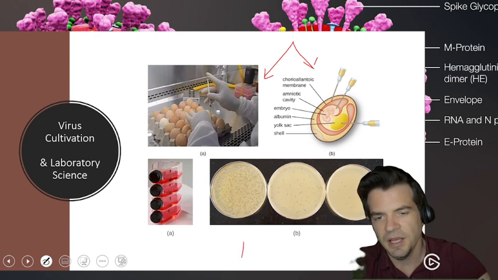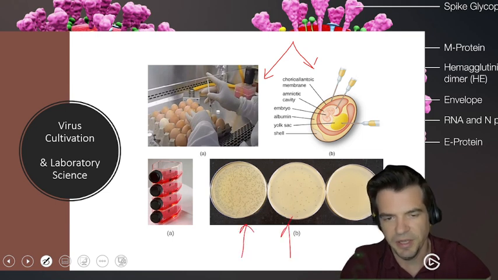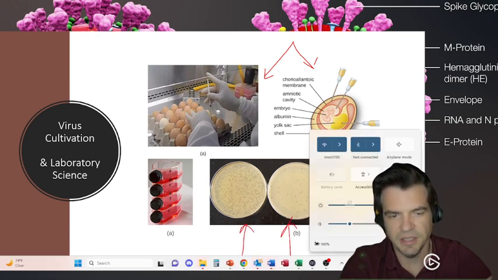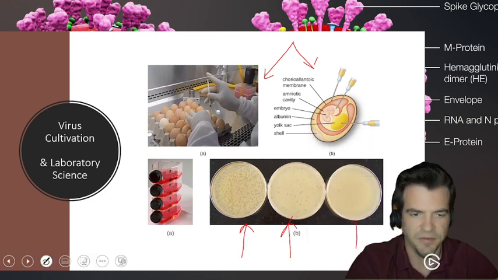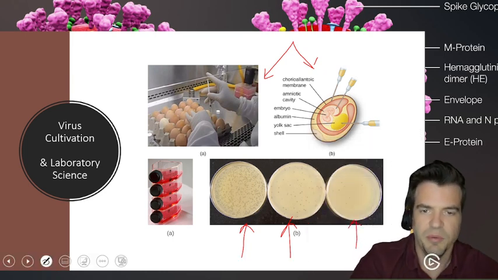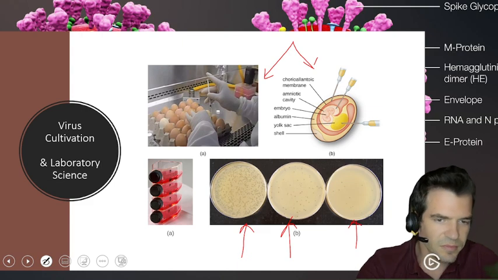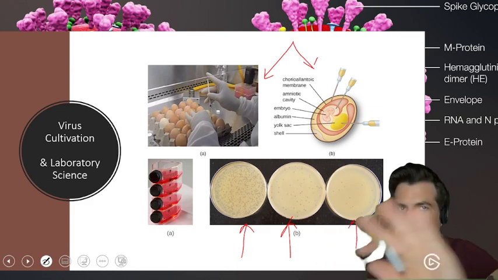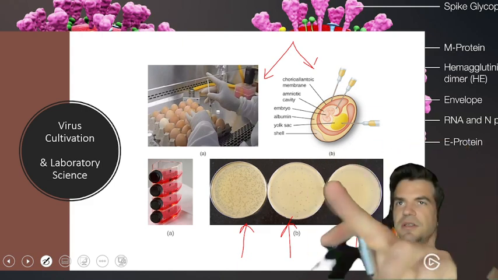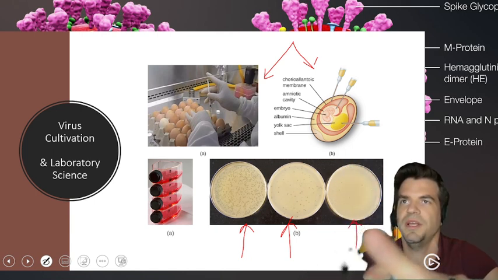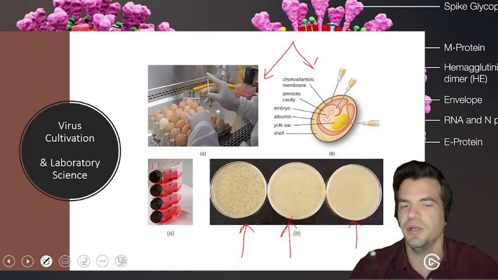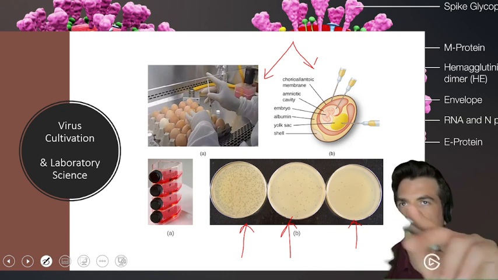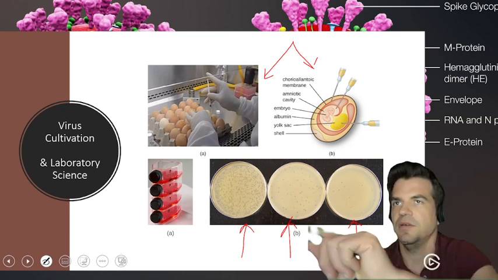In our labs, though, we can see it this way, and we'll try to do these the last few weeks of class, where we grow phage. You grow a lawn of bacteria, as you can see. The bacteria cover the whole plate, and then you put on a dilution of phage.